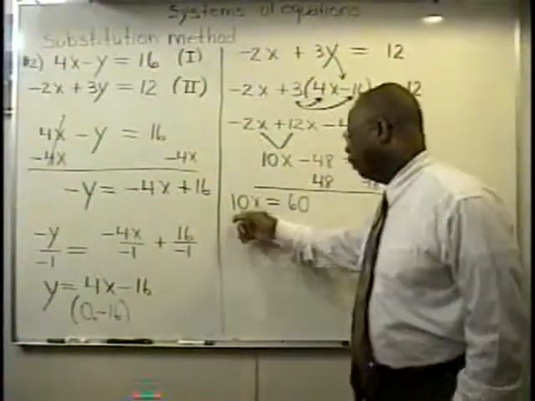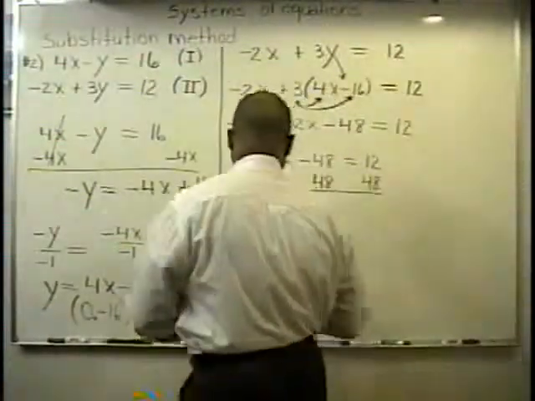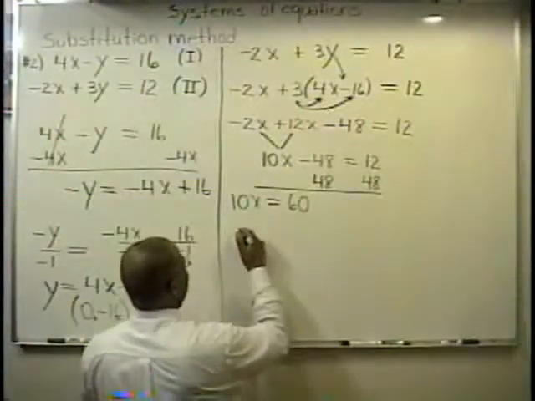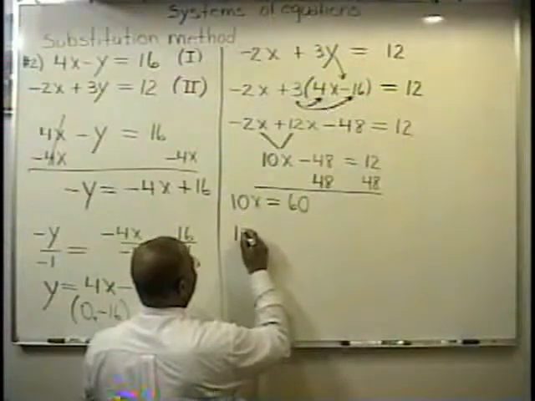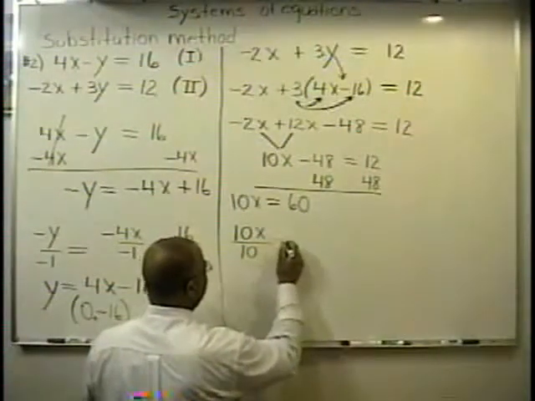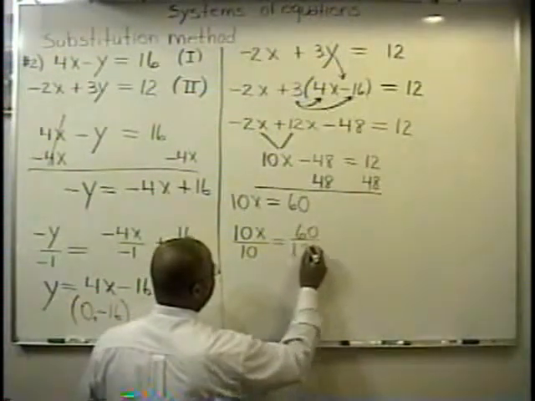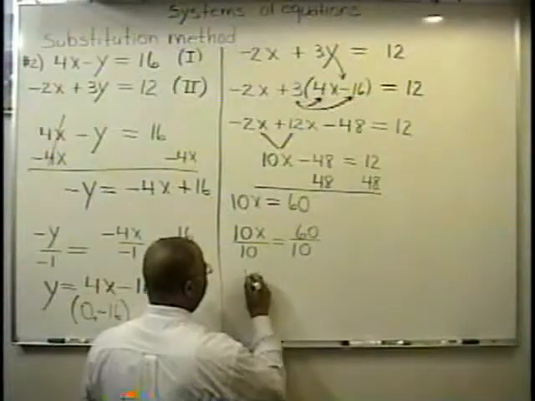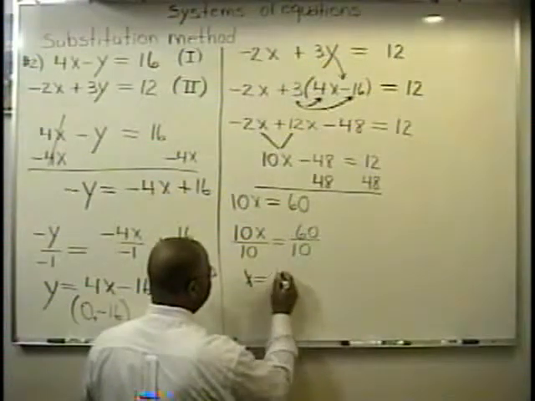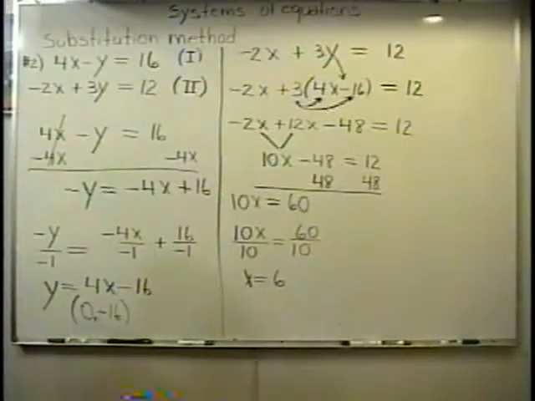Yes, he said divide both sides by 10. Very good job. So let's show that on the next line. Now I'm going to go with 10x divided by 10 equals 60 divided by 10. And now x is equal to 6. Very impressive. Very good.